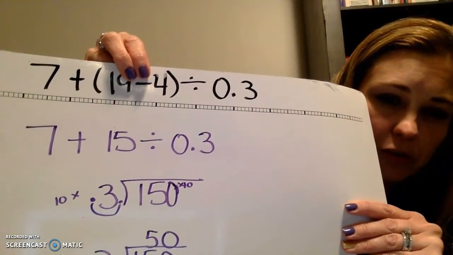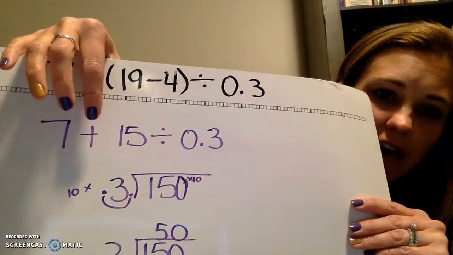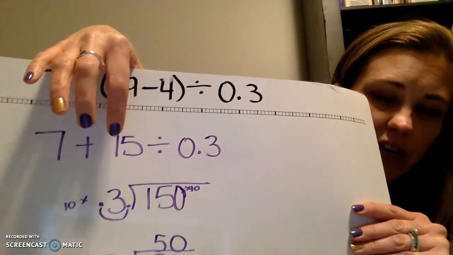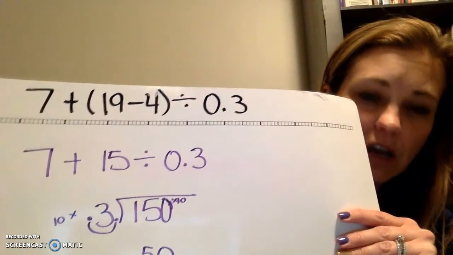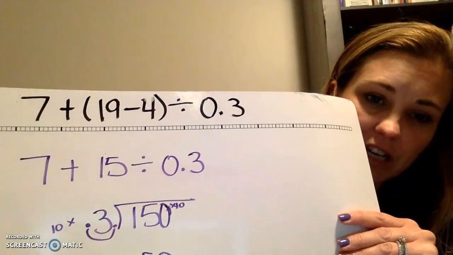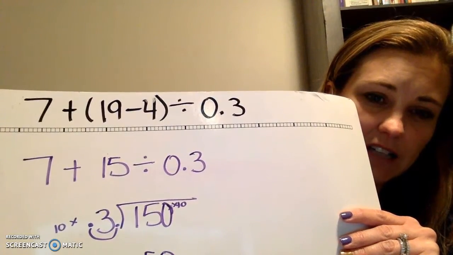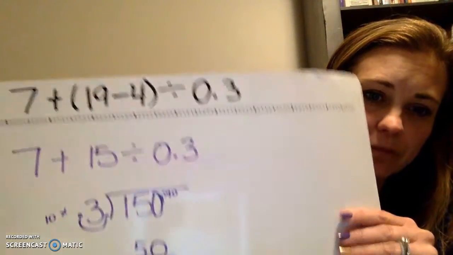So now I have a 3 instead. But if I am changing the 3, I need to also change my 15 because I multiplied this by 10, so I need it to stay the same value. So I have to multiply my dividend by 10 as well. So that gets me 150. I just added that 0 onto my 15, and I have 150 now.